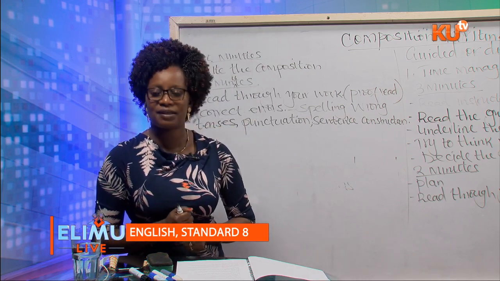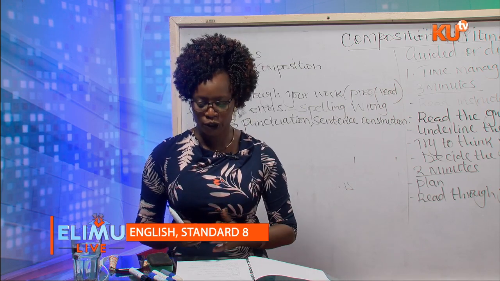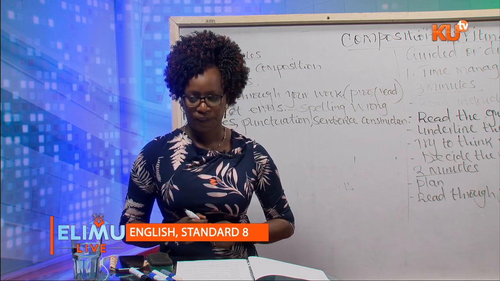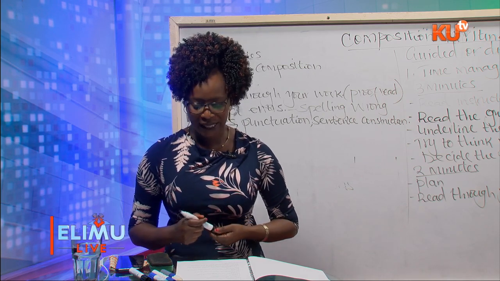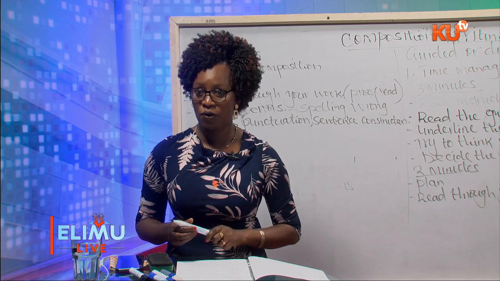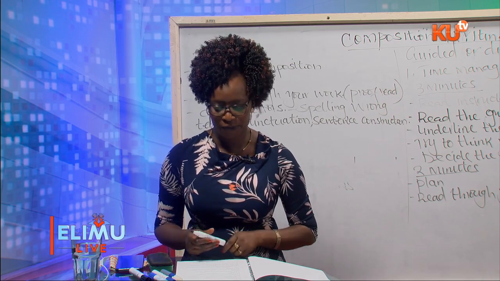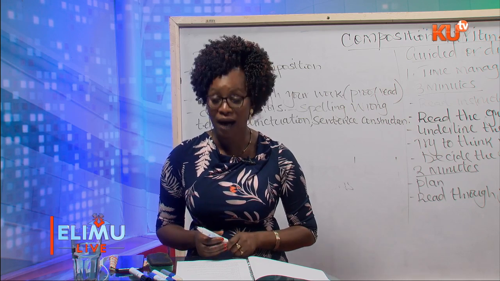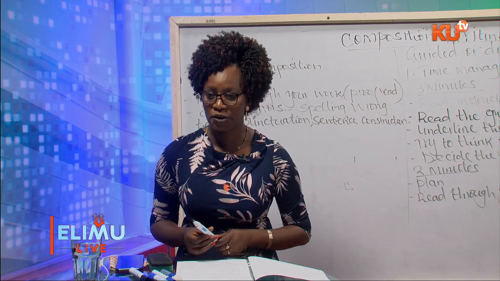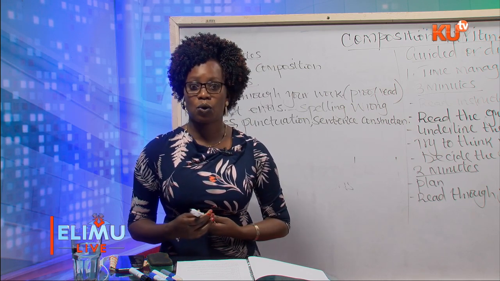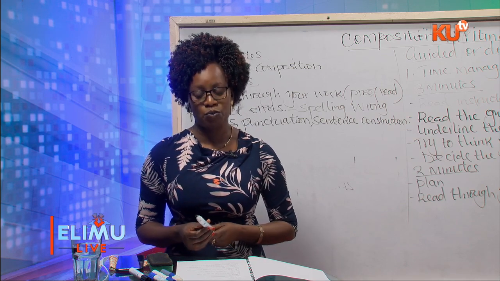In the next 30 minutes, do the actual writing. And we have said you make it at least 2 pages of your writing material. Then in the last 5 minutes, read through your work, or rather proofread your work, and also correct any error that you may notice.